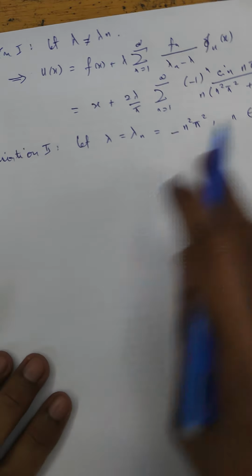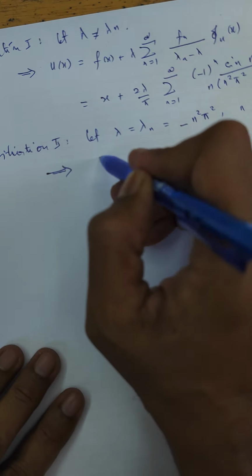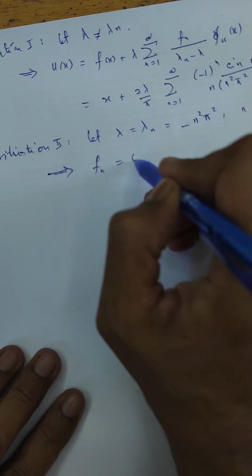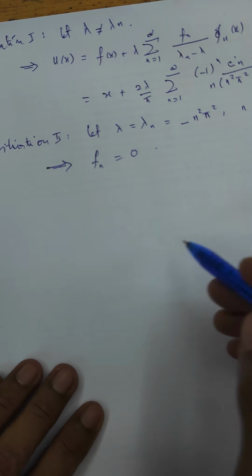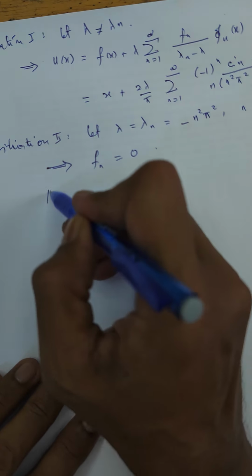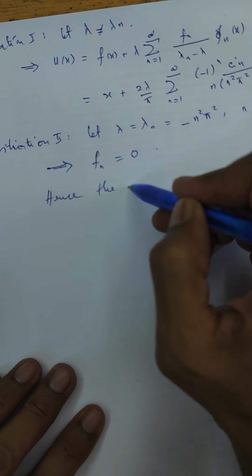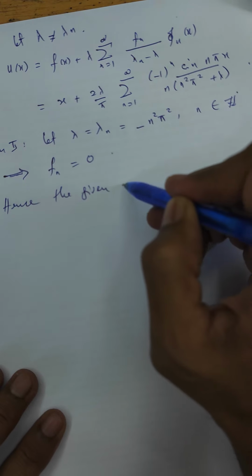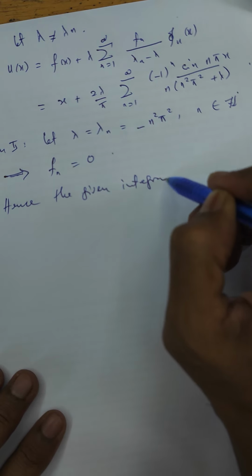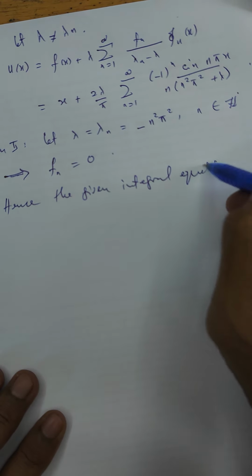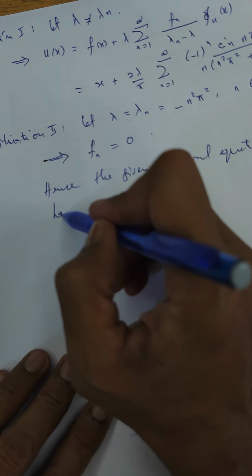Then from there we have f n that gives you 0, and hence the given integral equation has no solution.